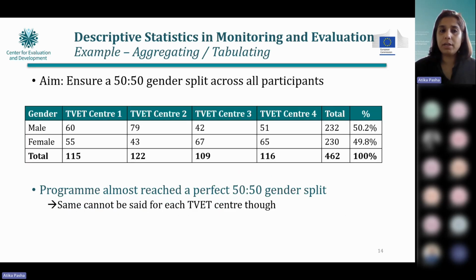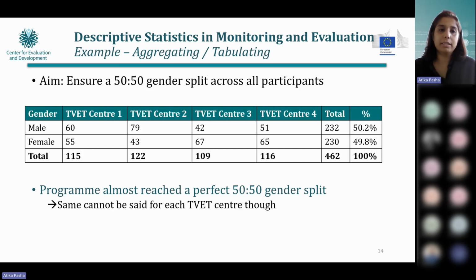The second thing we're interested in is a 50-50% gender split. Now, again, gender is a categorical variable. One of the methods we talked about for analyzing categorical, or in this case dichotomous, data is to tabulate the information.